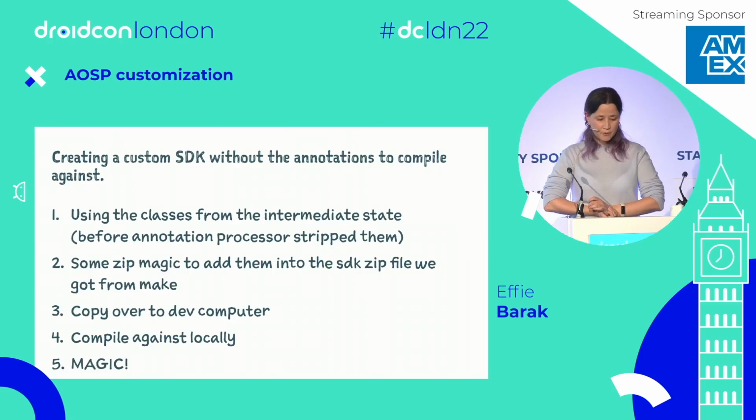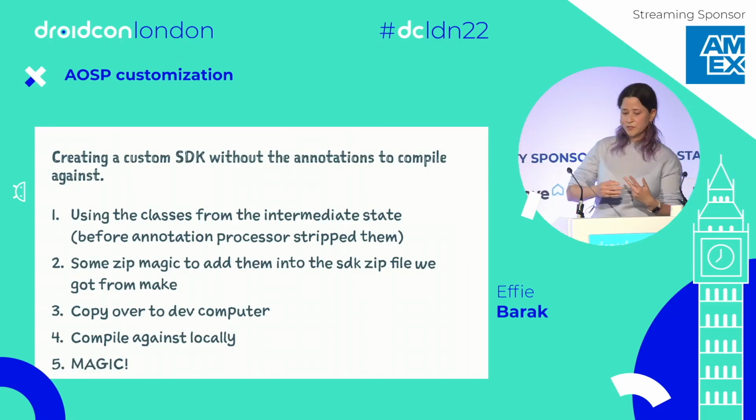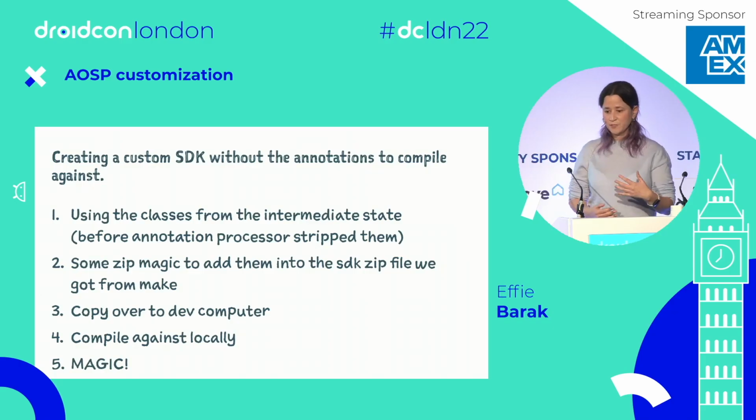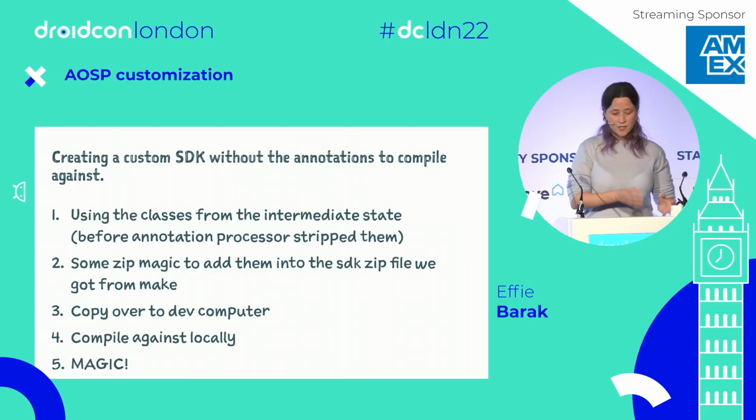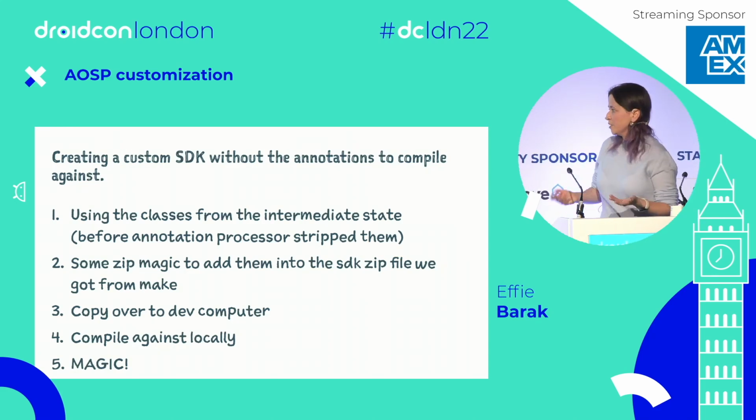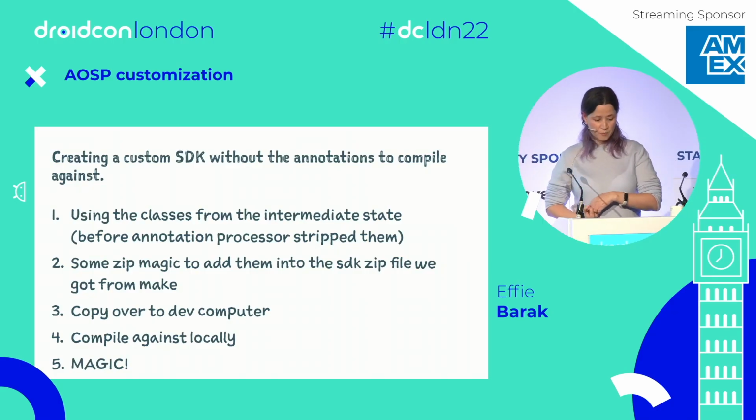And when we're doing this hack, we're just using the knowledge that the annotation processor is a later pass on the classes. When building AOSP, the first step is to build the classes fully with everything included in them. The second pass, only when building a public SDK or an SDK that is later released to developers, strips all these methods or properties that have these annotations, taking them out of these files completely.